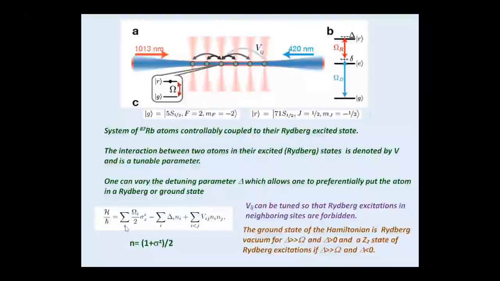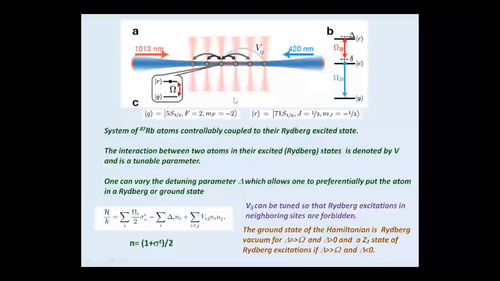One of them is the state G, which is this 5s state, which has a total spin of 2, and typically these atoms are in the all-spin-down state, which is mF equal to -2. And then there is an excited Rydberg state, which has j equal to 1/2 and mj equal to -1/2. This is a really excited state. It is 71s 1/2, for the Rydberg state.